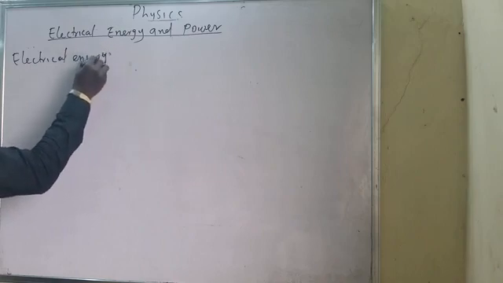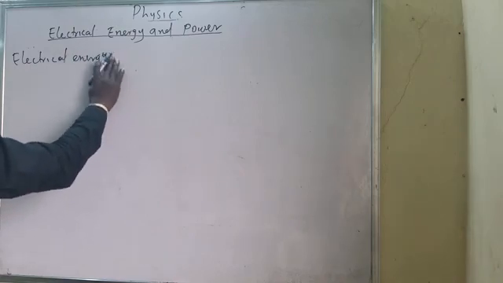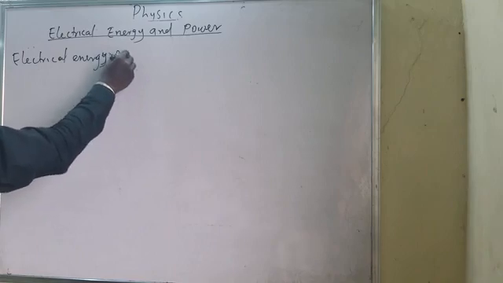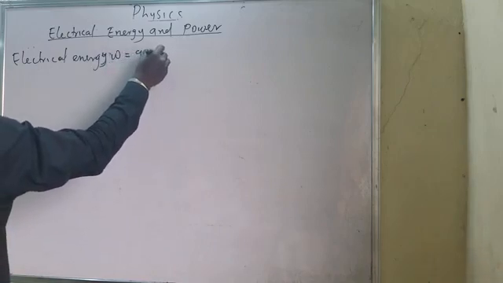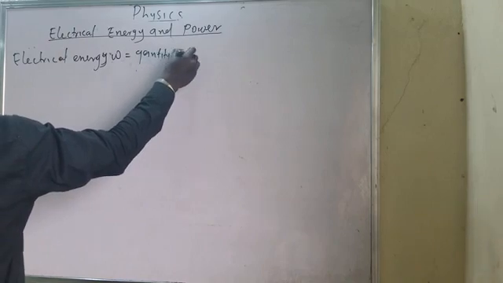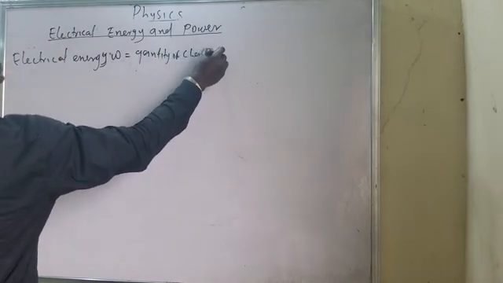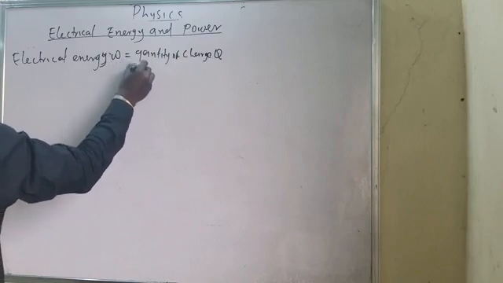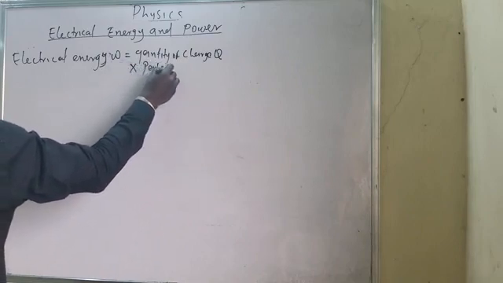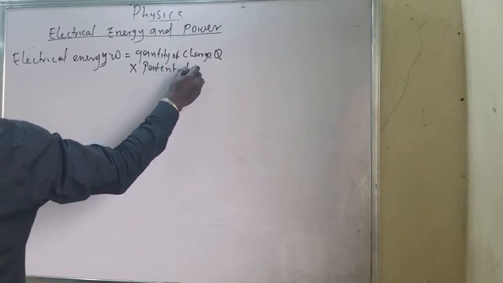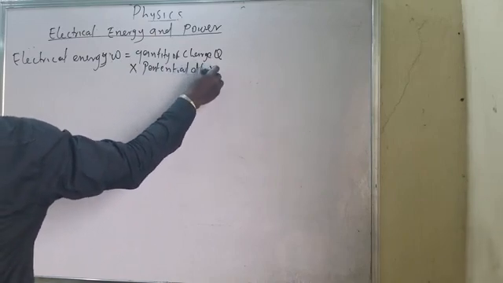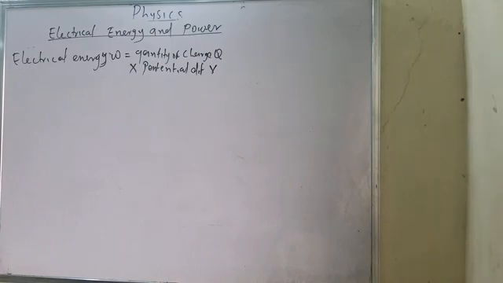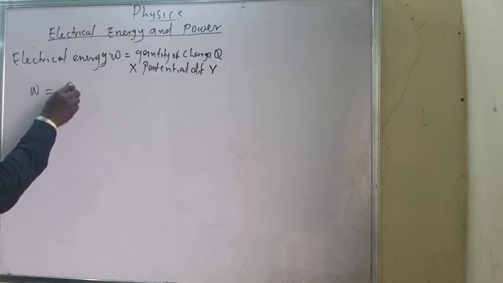Now, electrical energy, let me denote it by W, will be equal to the quantity of charge, which is always Q, multiplied by the potential difference, which is V. Quantity of charge multiplied by V. It means I can say that W equals QV.